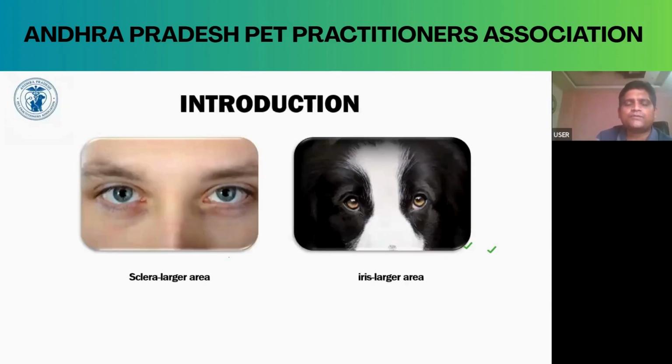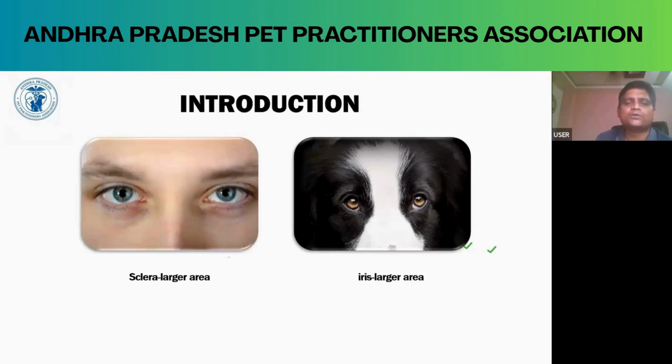If you see the frontal view of a human eye and a canine head, in the case of humans, we generally see a larger white area in the eye. That is nothing but the sclera. And in that, we can see the remaining things like the iris.